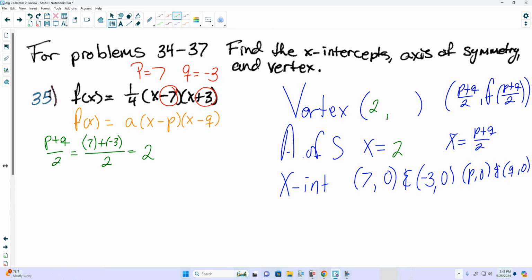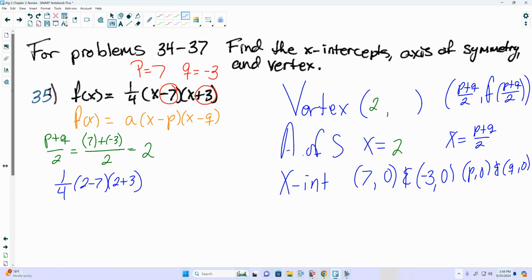Because the only thing we have left is the f of p plus q over 2. Yes? We're going to treat it the same as our f of -b over 2a. Take that value of 2 and plug it back into the function. So for us here, we're going to have 1/4 times 2 minus 7 times 2 plus 3.